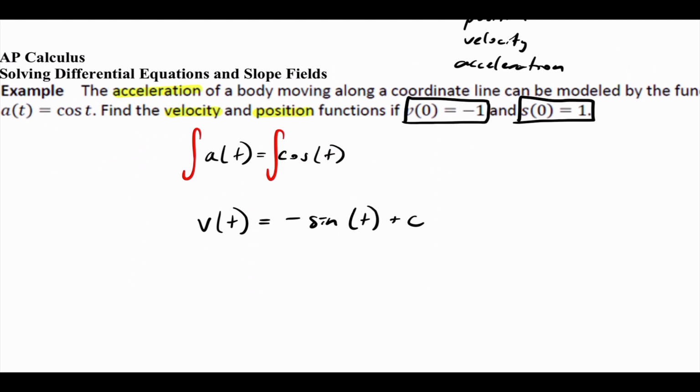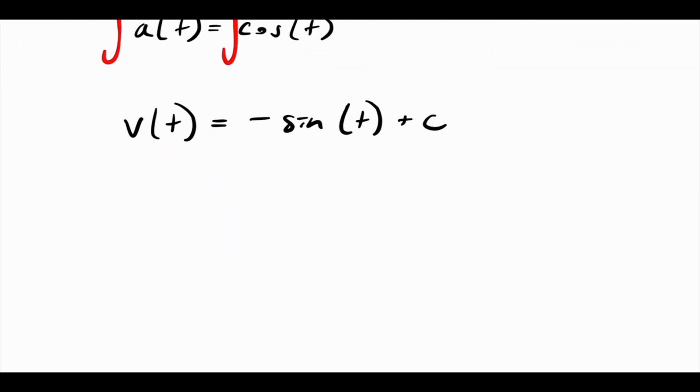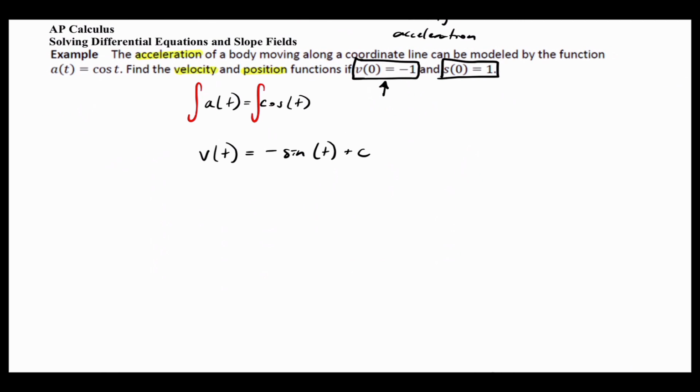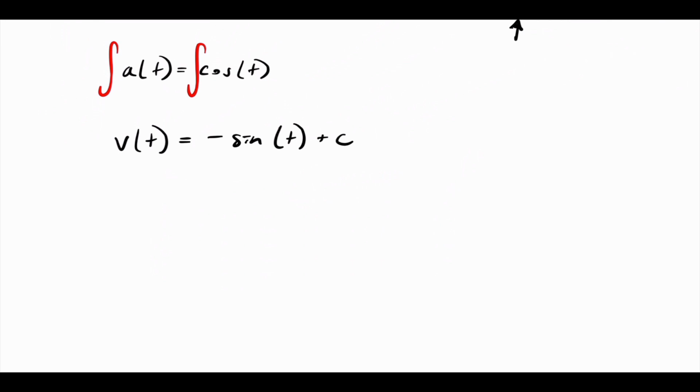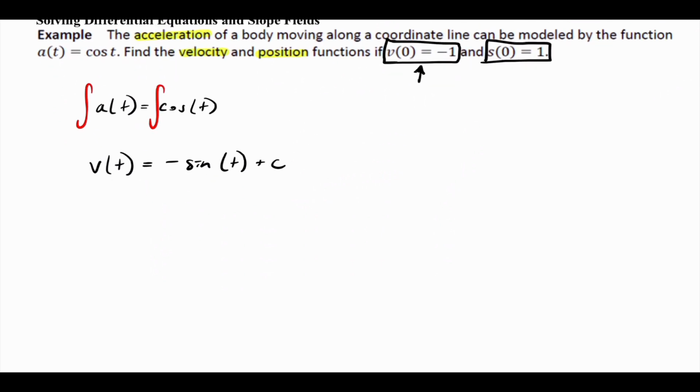But they want a specific solution right here. When I plug in 0 to v, velocity, I get -1. So I got to plug in 0 for t. Everywhere I see a t, I'm going to plug in 0. Everywhere I see a v of t, I'm going to plug in -1. So -1 equals negative sine of 0.